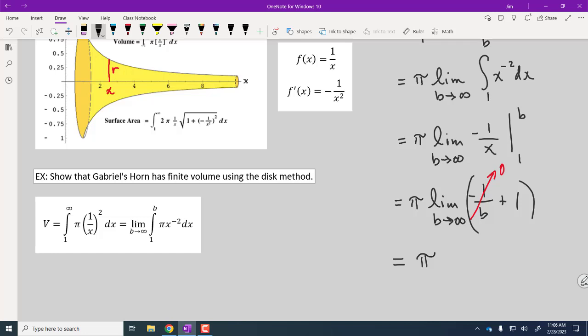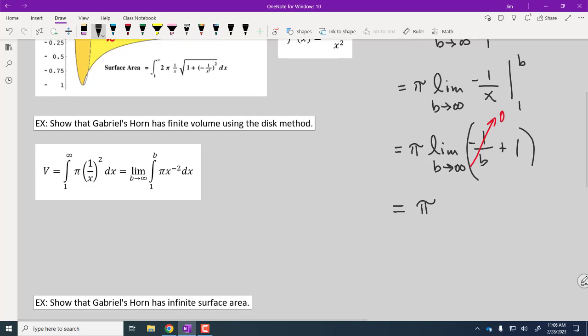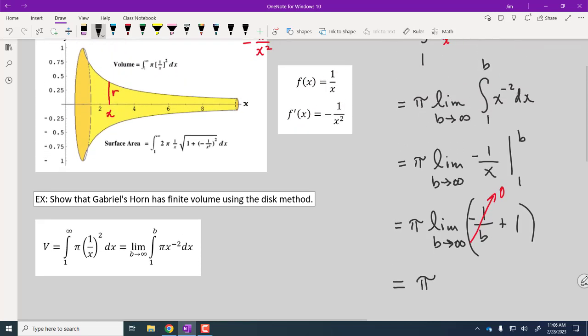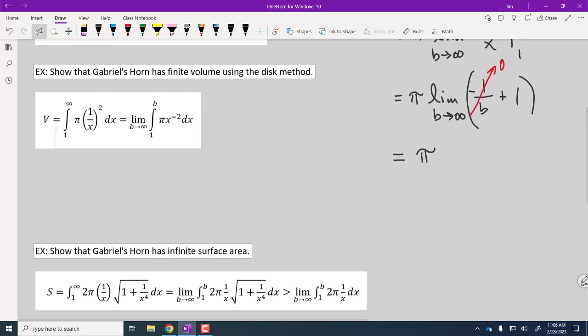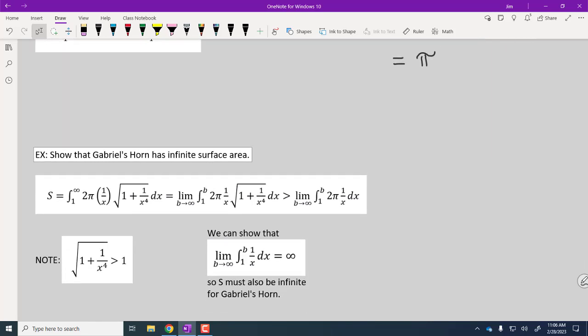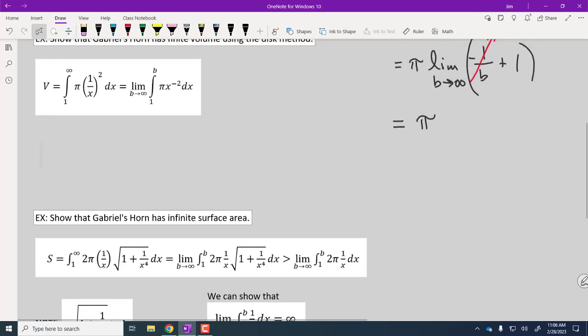Okay, so we just showed that the volume is pi. Now, the paradox with Gabriel's horn is this. It's got finite volume. And down here, we are going to show that the surface area is infinite. We're not going to go through all the details here, but let's just talk about this.